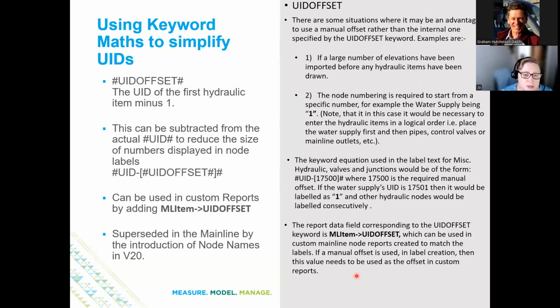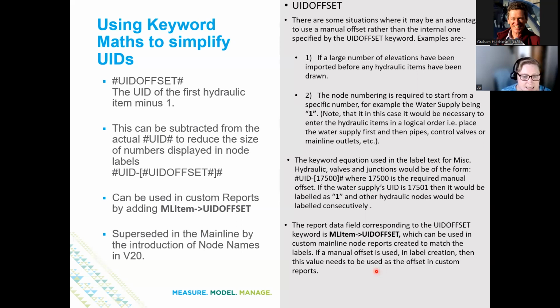And there is also a data field for mainline reports to use the UID offset as well, and make those reports a little bit more readable because you're starting from 1 rather than from 17,500 and up.